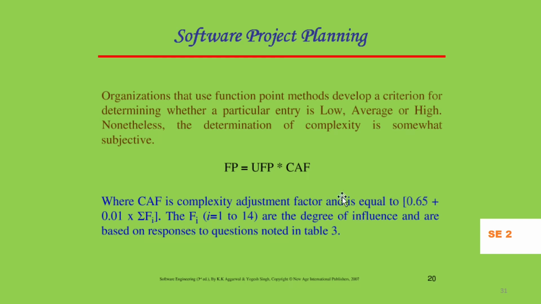And the CAF is equal to the constant 0.65 plus 0.01 times the summation of Fi, wherein i is from 1 to 14, and Fi is the degree of influence or rating based on the response to the questions noted in table 3. So, yung ano nga ba yung summation of Fi? Ito yon.